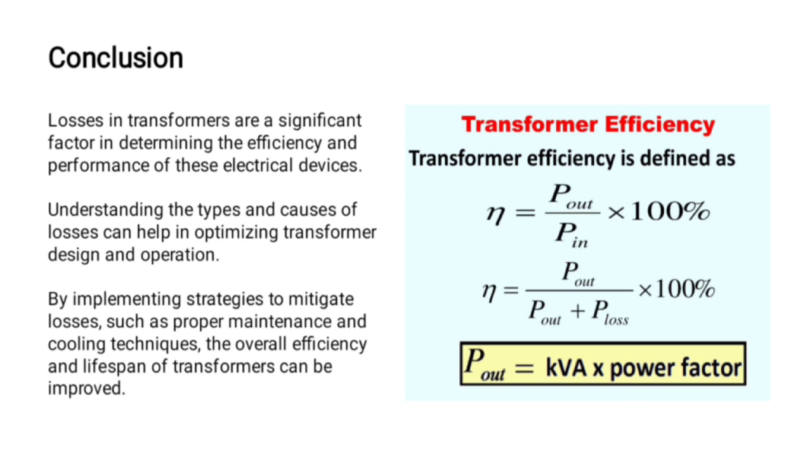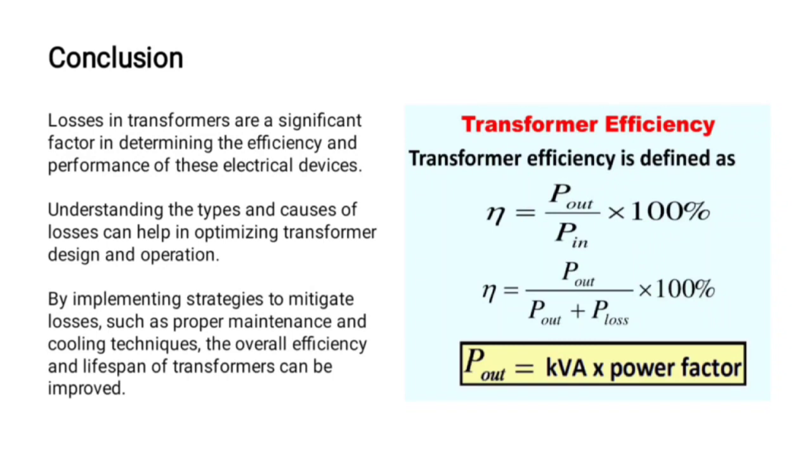Conclusion. In the above presentation, we discussed the transformer types, their losses and methods to reduce them. Typical transformers have an efficiency of 80 to 90%. We conclude that transformers can achieve efficiency of about 98 to 99% if the applications and precautions are applied carefully.